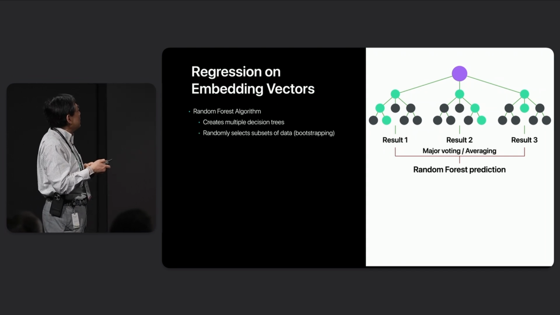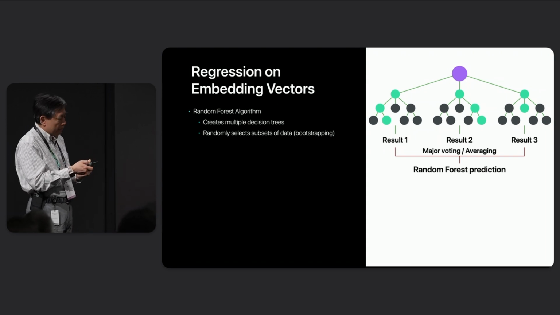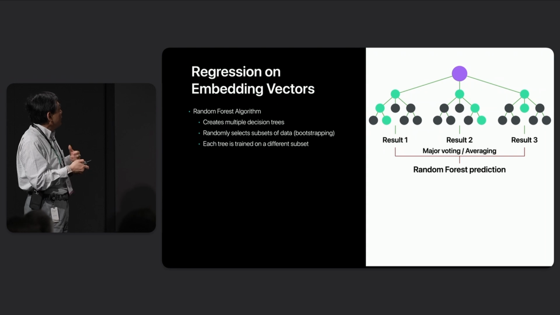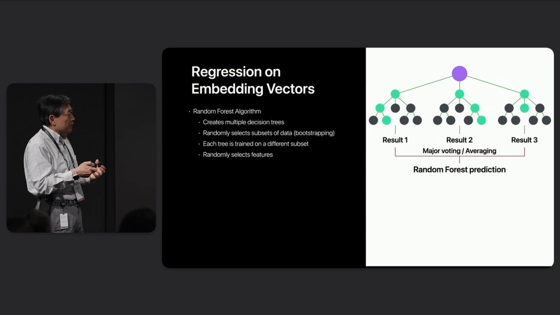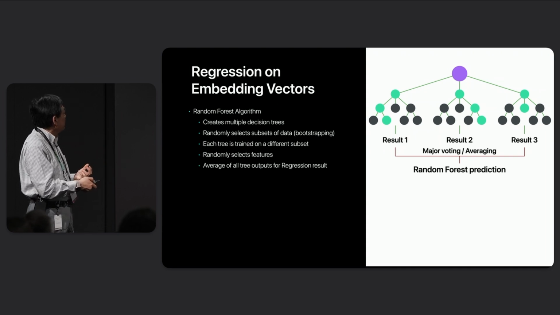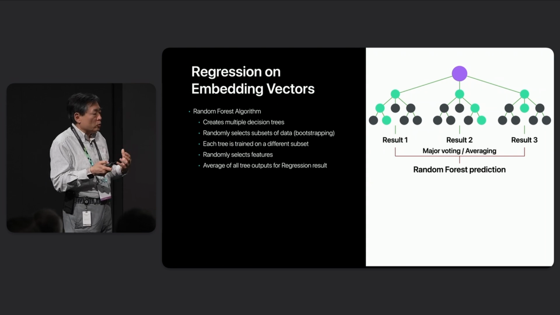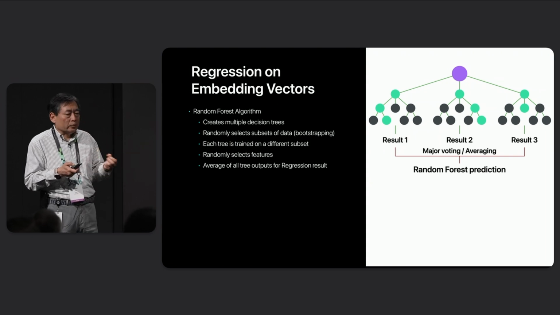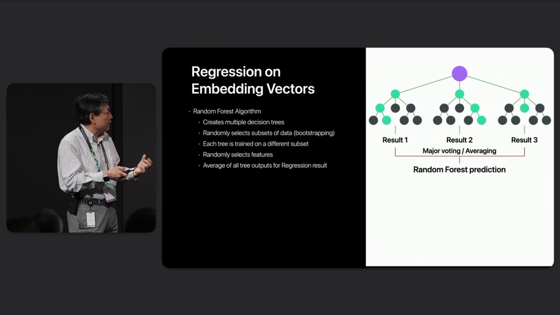It randomly selects a subset of data to bootstrap it, and each tree is trained on a different subset. It also randomly selects features during training. Ultimately, it averages all the tree outputs as the regression result. That means you use that one to predict.